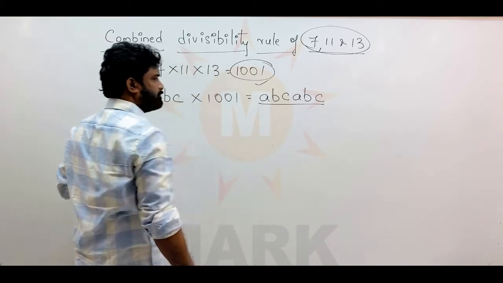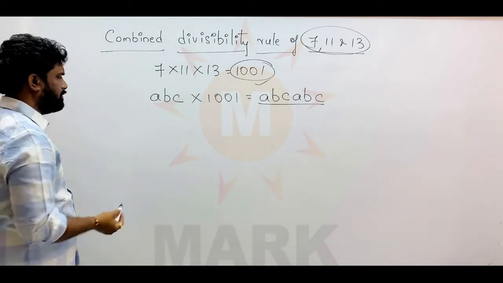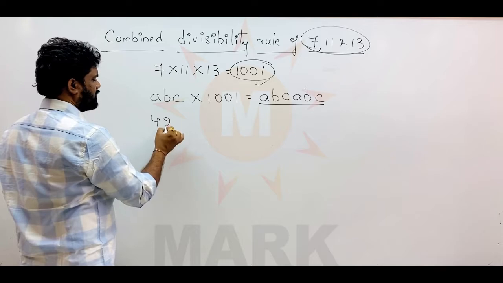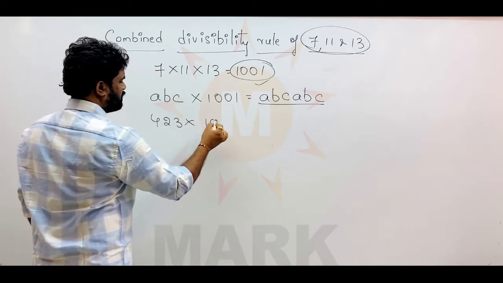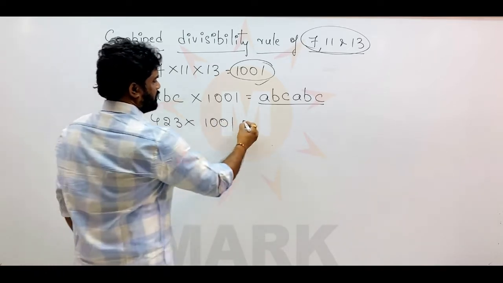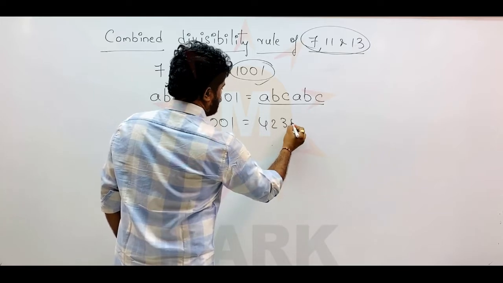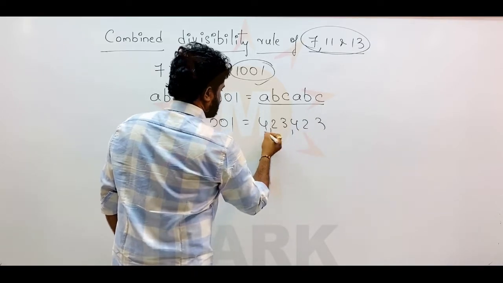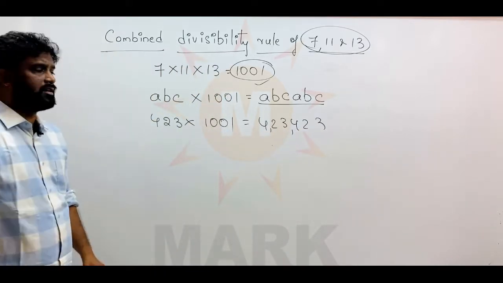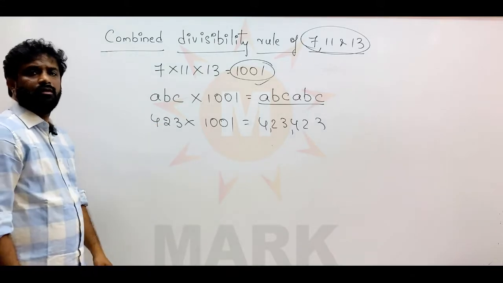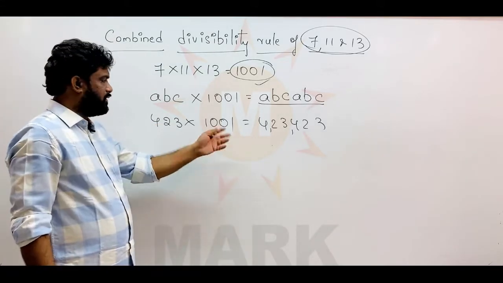That is the product. For example, 423, if you multiply with 1001, the answer is 423, 423. That means 4,23,423. So this is how it goes.